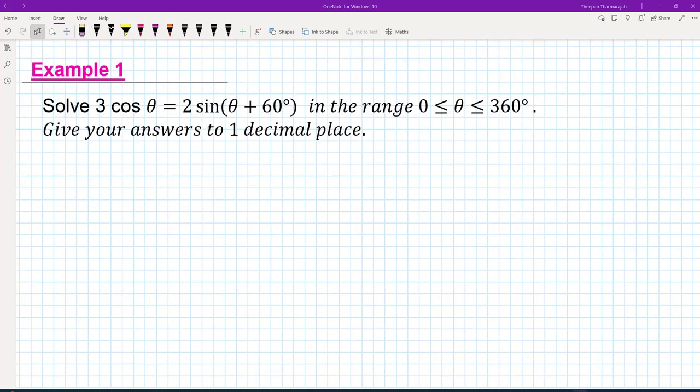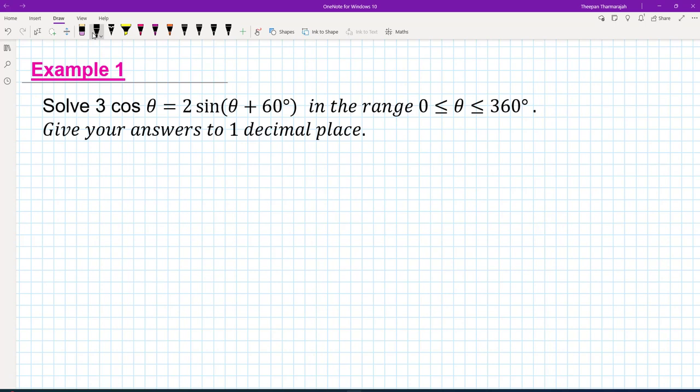Here's a question for you to try. You can pause the video, and when you're done, I will go through my worked solution. Okay, welcome back. So we need to solve 3 cos theta equals 2 sine(theta plus 60 degrees) in the range of 0 to 360, giving your answer to 1 decimal place. So notice we've got theta plus 60 degrees.